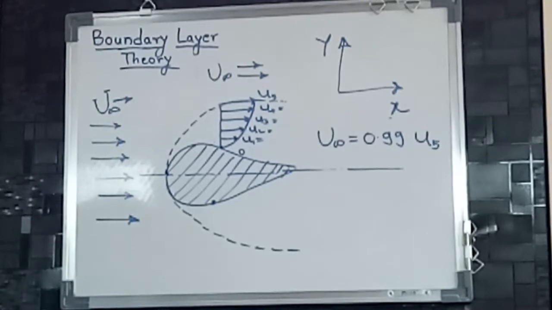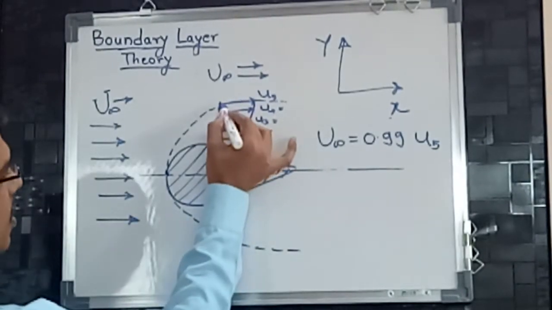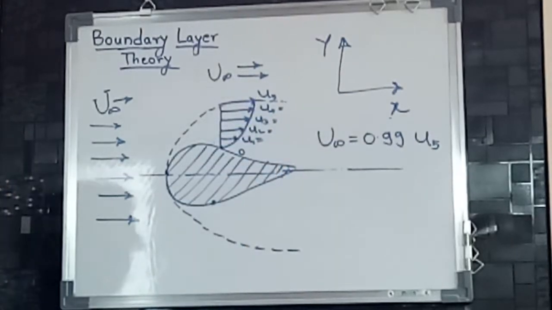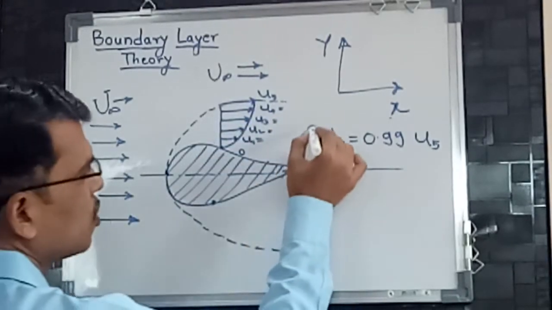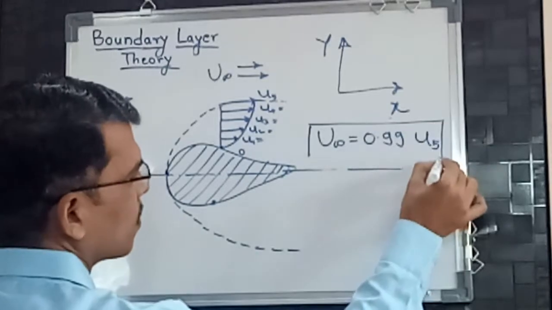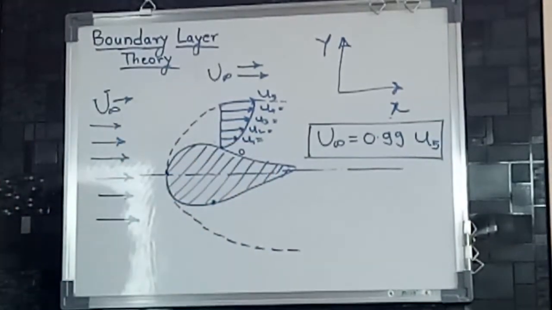It means it is equal to 99%, similar to the free stream velocity at this portion. Okay, so this equation is most important, isn't it?